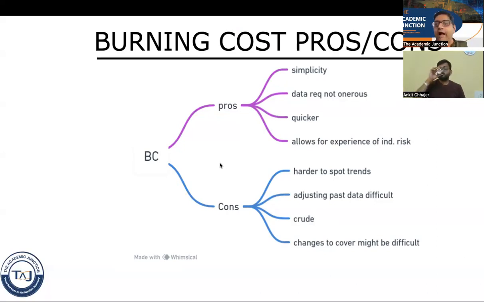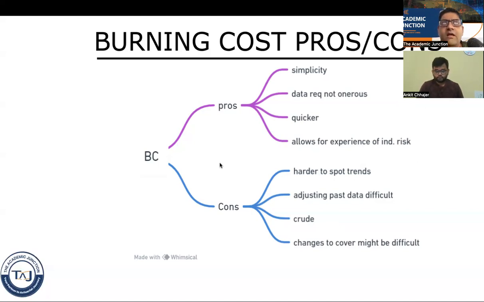Biggest cons, harder to spot trends, like I mentioned, right? Burning cost could be stable, but the reason for that stability could be reducing frequency and increasing severity, or vice versa, right? So you will not be able to identify that trend. Adjusting past data is a little difficult with burning cost models. Very crude. It's a very crude approach at the end of the day. And again, changes to cover might be difficult to model.